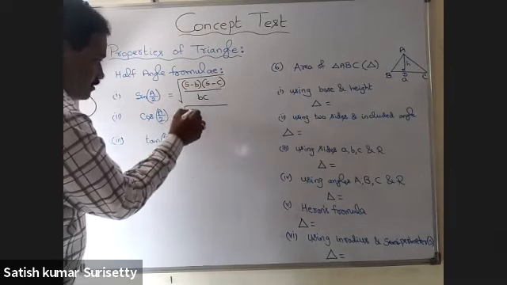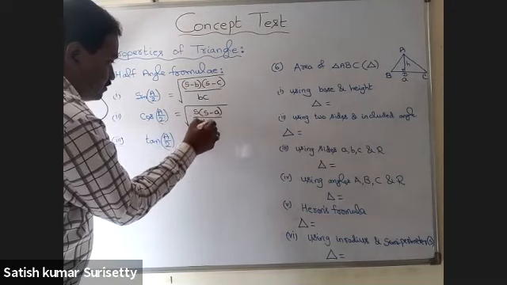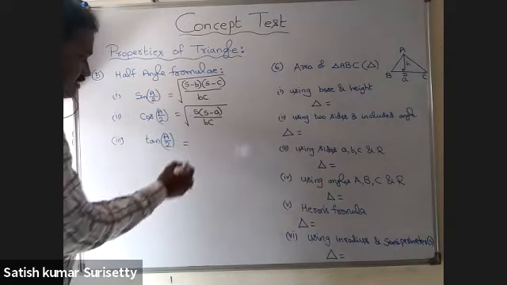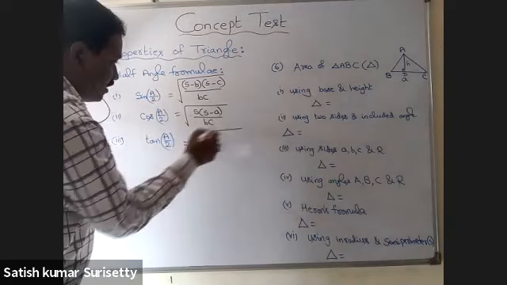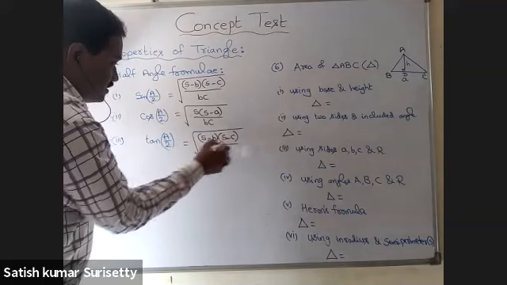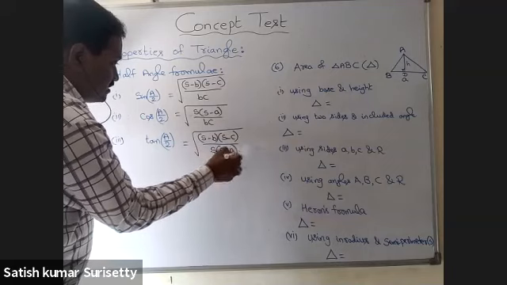Cos A by 2 equal to root of s into (s minus a) upon bc. Tan A by 2, ratio of sin and cos, that is square root of (s minus b)(s minus c) upon s into (s minus a).